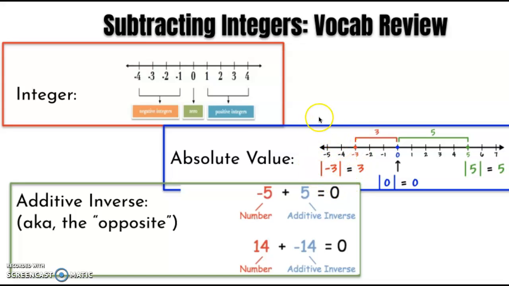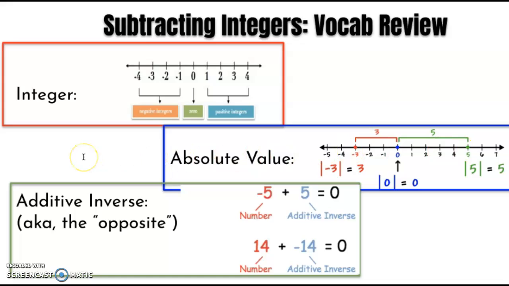And that symbol is read as the absolute value of. So this whole symbol right here is read as the absolute value of -3. That's something that needs to be solved or evaluated. So the absolute value of -3 is 3. The absolute value of +5 is 5.